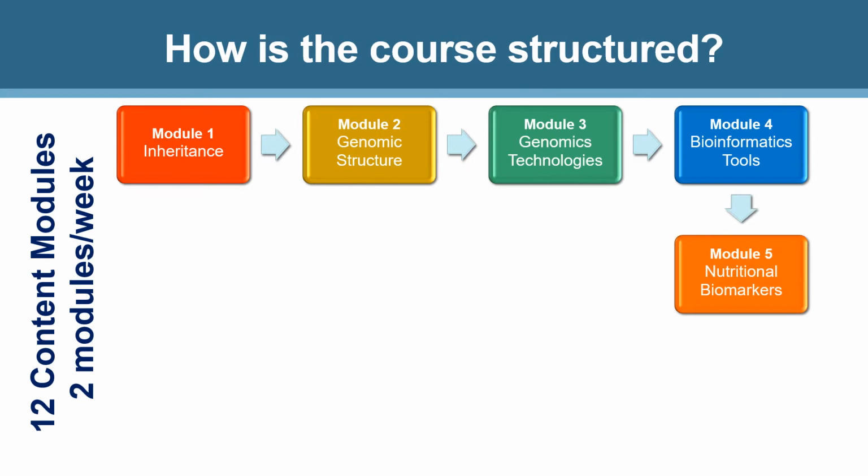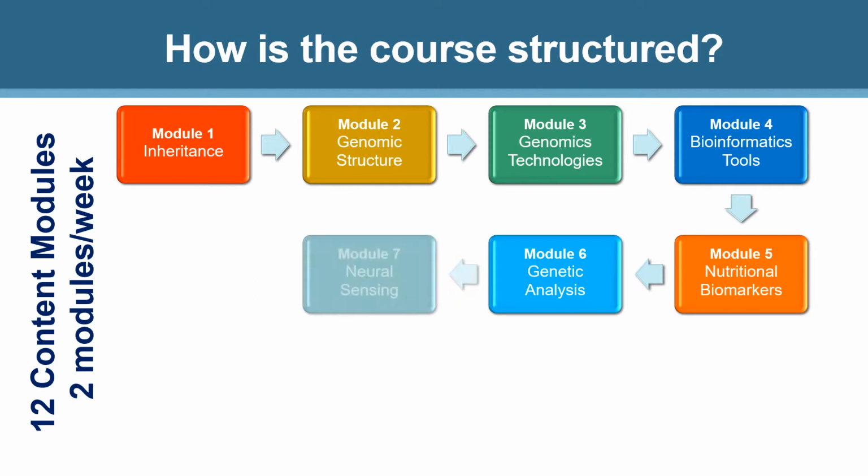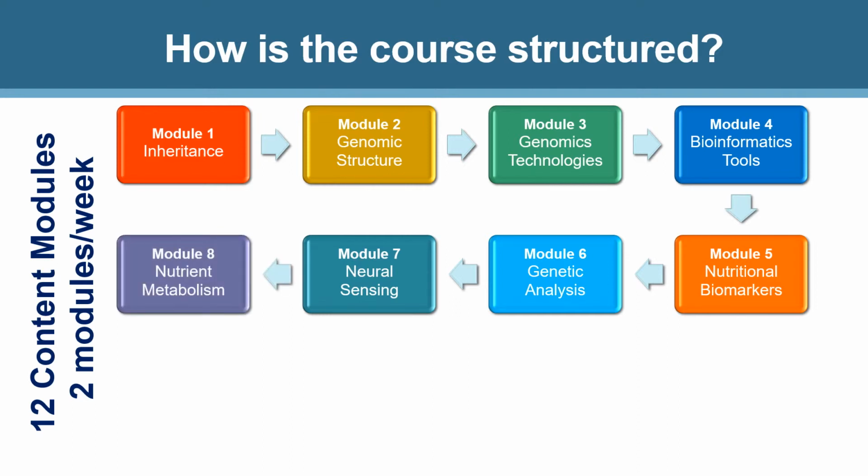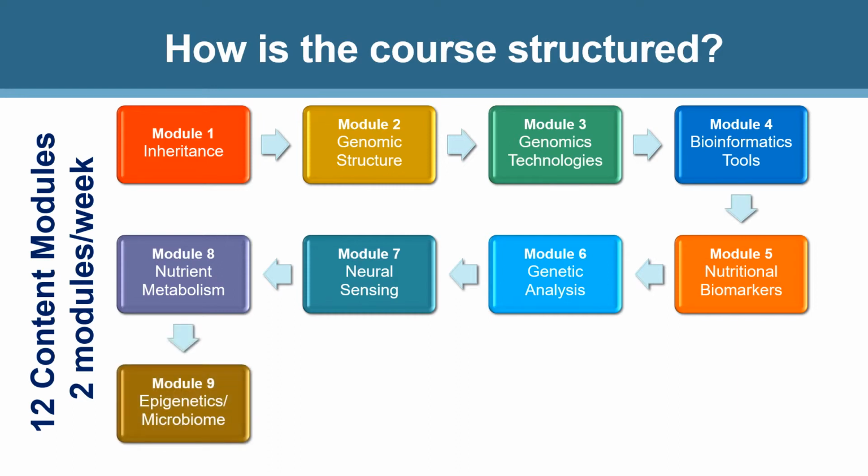In Module 5, we'll talk about nutritional biomarkers and how they're identified and measured. In Module 6, we'll do a little bit of genetic analysis, and some of that will be review from your statistics course. In Module 7, we'll talk about neural sensing and the complex networks in your brain that regulate feeding behavior. In Module 8, we'll talk about nutrient metabolism and how genes and diets interact to influence metabolism.